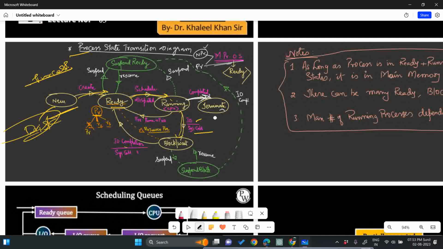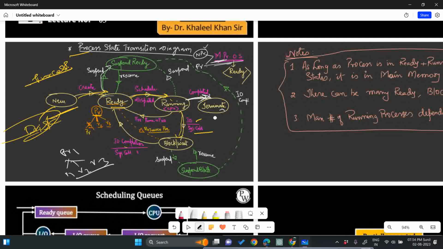If we have a multi-program OS, then from the ready state it can go to suspend ready. Let's say process one needs three resources: resource one, resource two, and resource three.